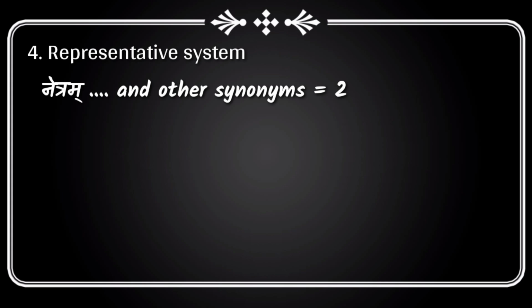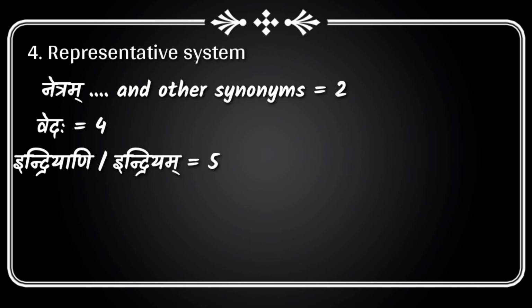And similarly there are 4 Vedas, so the word Veda represents the quantity 4. And similarly you have 5 senses, so Indriyani represents the number 5. In this way this system is also very helpful for poetic works.